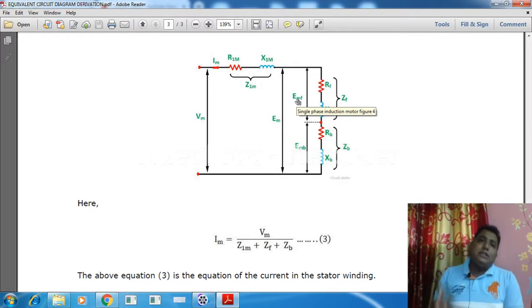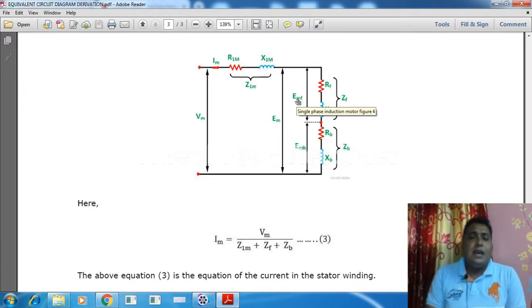After including the slip component, we can make the series parallel combination of the resistance and reactance, then simplify, and find the current of the equivalent circuit by using Ohm's law.